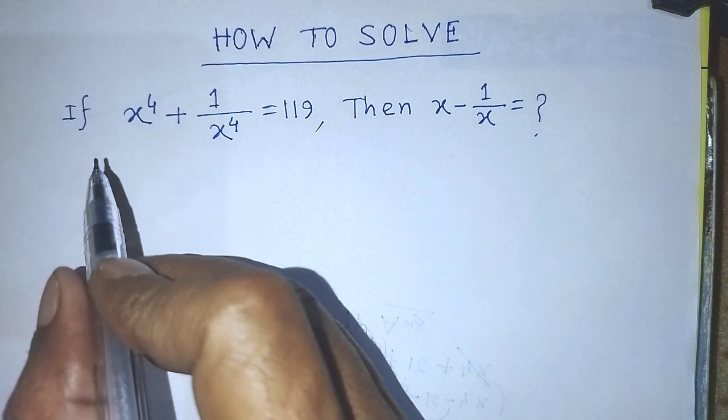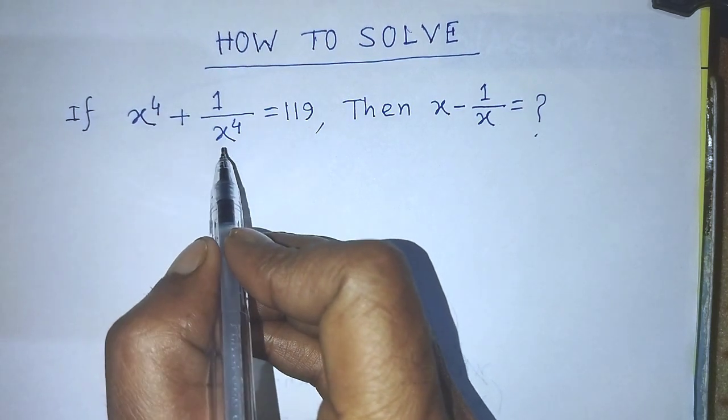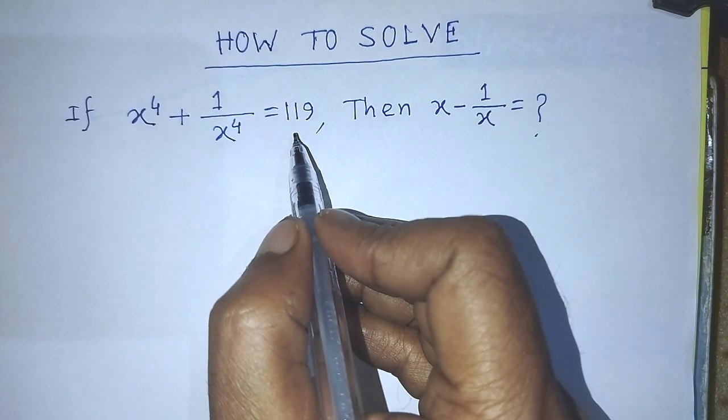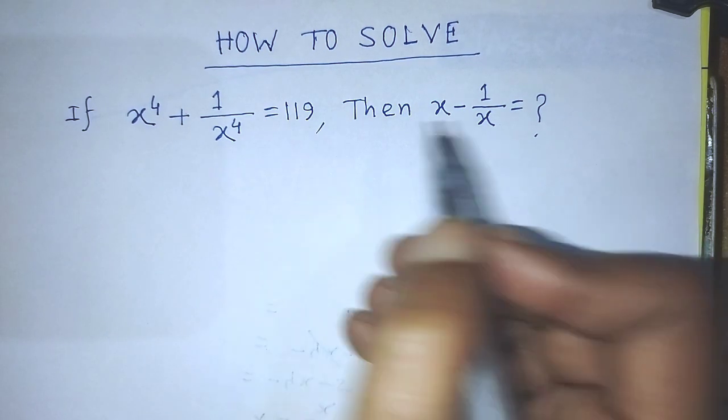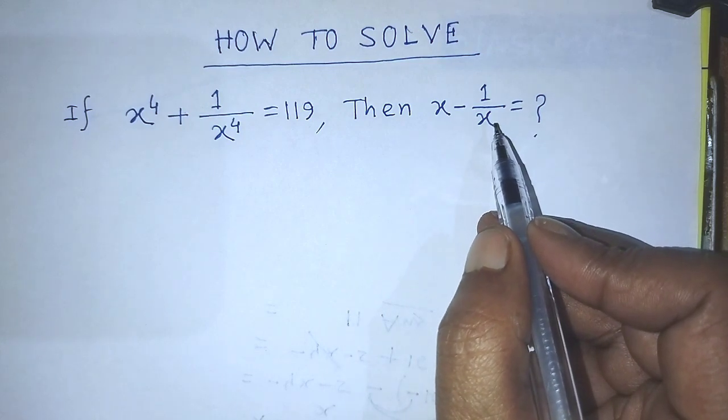So student, today our question is: if x to the power 4 plus 1 over x to the power 4 is equal to 119, then find the value of x minus 1 over x.